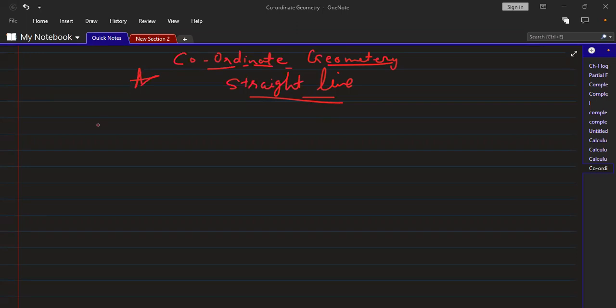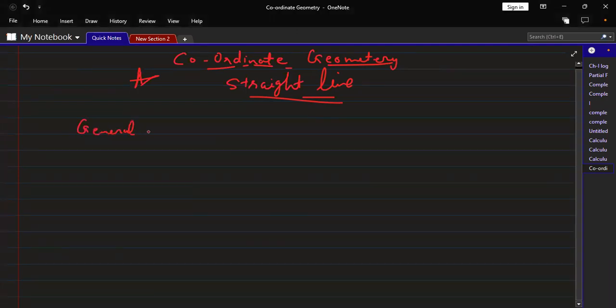Now, today's topic is of coordinate geometry, which is called straight line. Now, the linear form means जो हमारा straight line का main general equation of line is ax plus by plus c equals to 0, where a is the constant term, b is also a constant term, c is also constant.